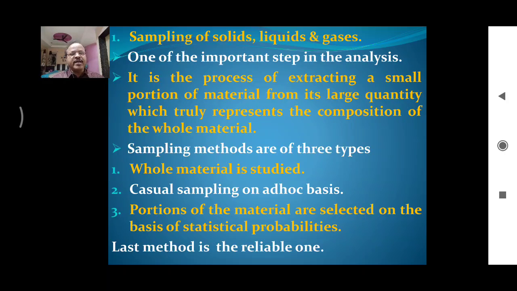So what is the meaning of sampling? Suppose a huge amount of solid or liquid or gaseous materials are there, and we have to analyze these materials. So we have to first choose the material from its different sections.